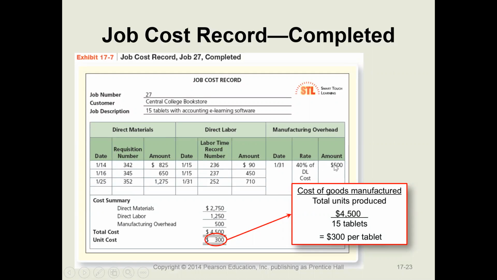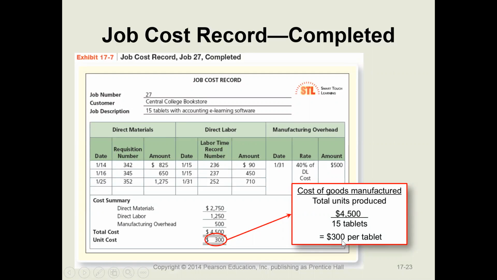And manufacturing overhead is the allocated amount using the predetermined overhead allocation rate, $500. Add them all up to get a total cost of $4,500. Let's say we made 15 tablets here.